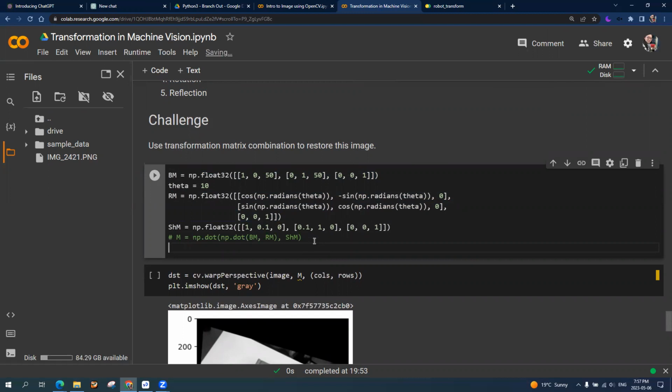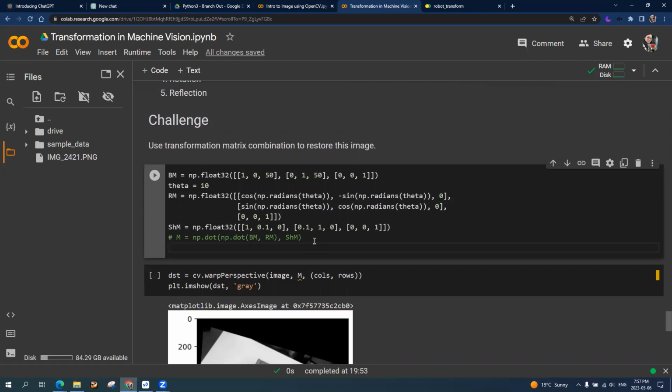You don't have to be too afraid of these new terms. It's just the rules of multiplying matrices. Okay, they are called a dot product. And so NumPy provides you with the function to do exactly that. So we just need to know what to call it and where to put stuff in.